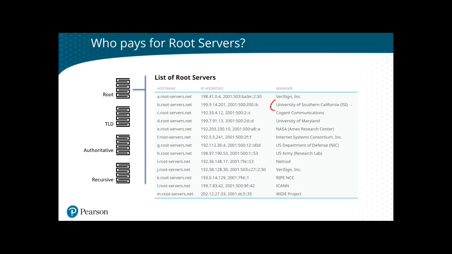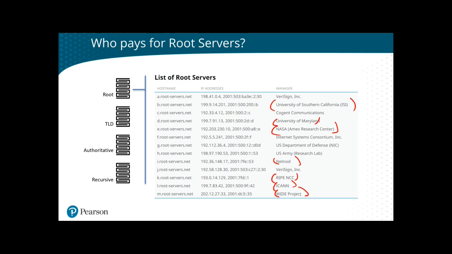Now, there are some of these, like University of Southern California ISI, University of Maryland, NASA Ames, NetNod, RIPE NCC, ICANN, and the WIDE Project, that are nonprofits funded by governments or by donors or large companies.